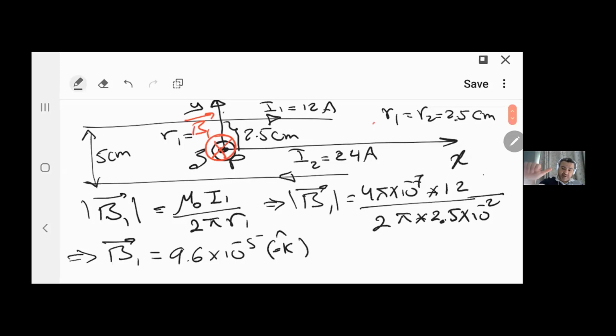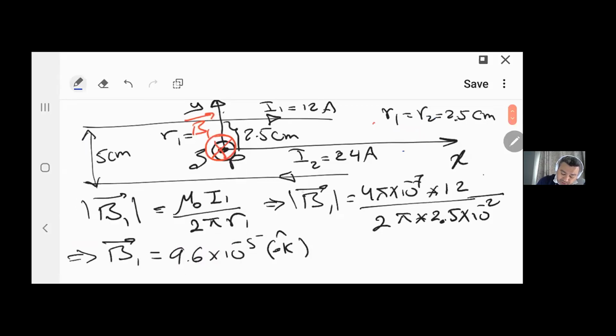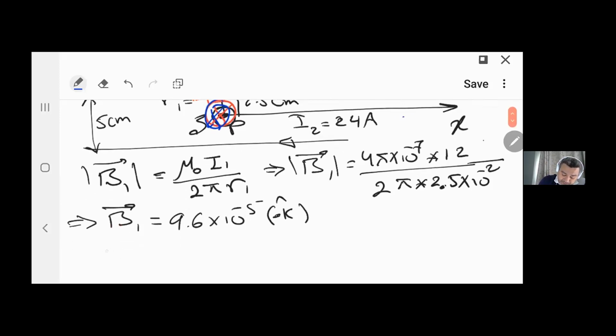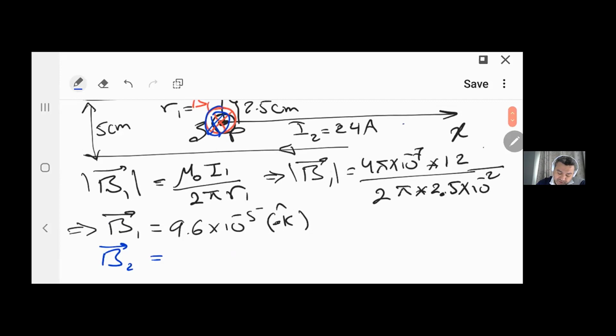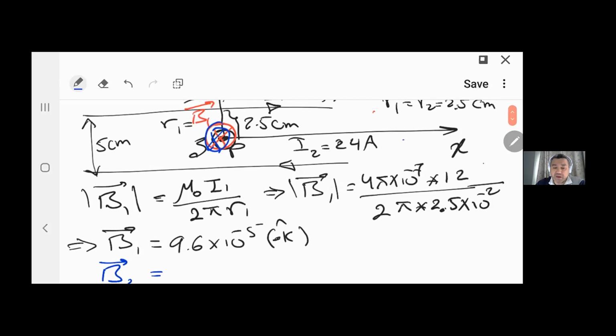Then the magnetic field will be going into the screen as well at P. So if I am to draw the magnetic field direction for B2 coming from I2, it will always be pointing into the screen. And in this case, B2 is due to the current I2, and this is exactly what I wanted to say.